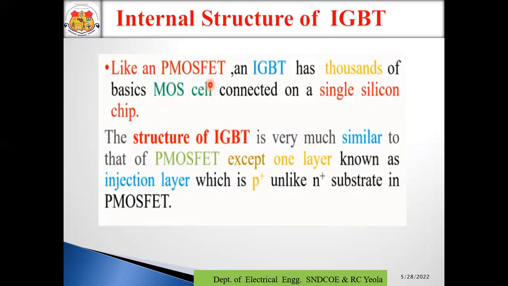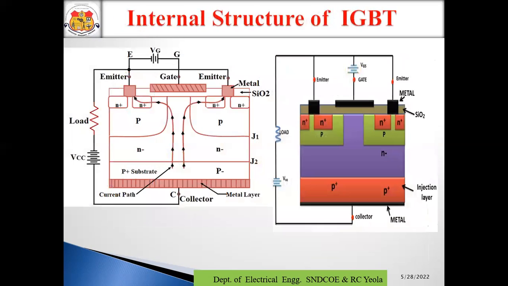The structure of IGBT is very similar to that of a power MOSFET, except for one layer known as the injection layer, which is P positive, unlike the N positive substrate in the MOSFET. So this is the difference, and this is the similarity in the IGBT internal structure.